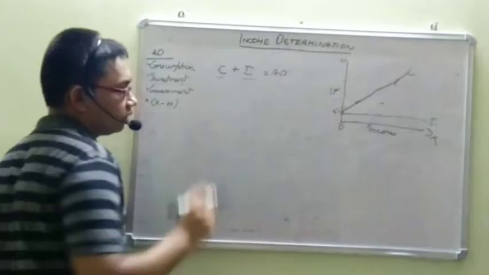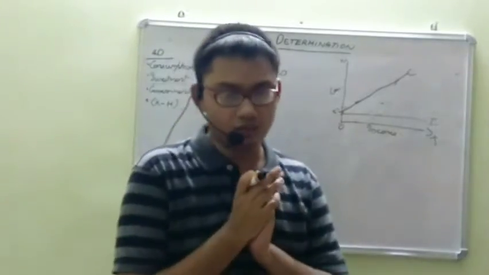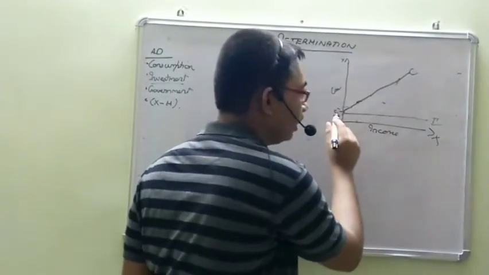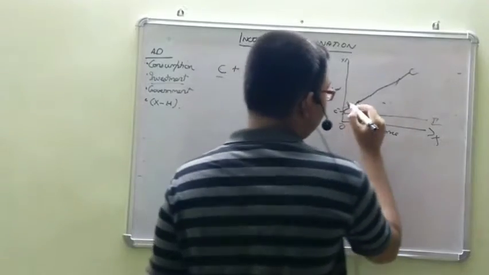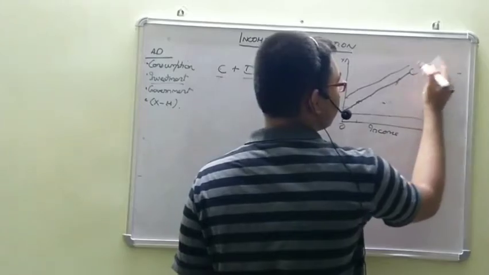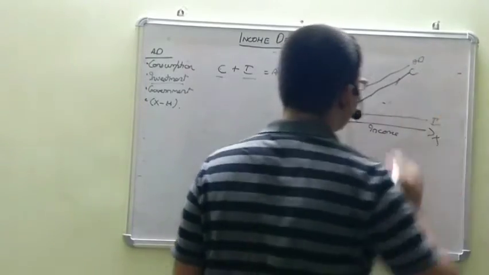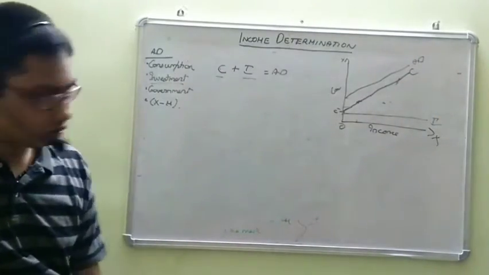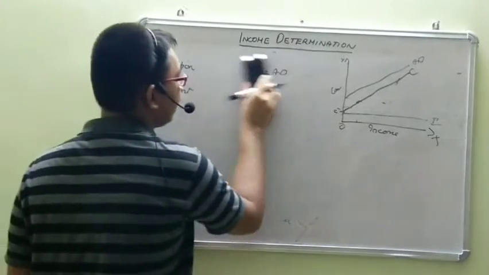So how will the AD curve be? The consumption curve is like this, the investment curve is like this. It will be the addition of both, and it will be parallel to the consumption curve. Okay, this is about aggregate demand.